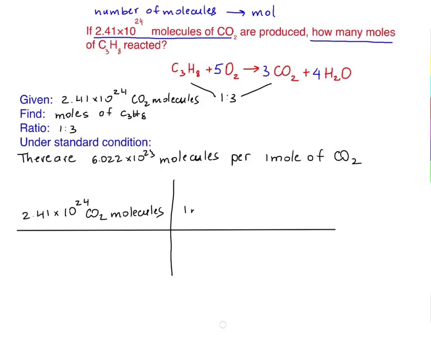It doesn't really matter, but you write it in the correct setup so that numerator and denominator can cancel: 1 mole of CO2 per Avogadro's number of molecules of CO2.